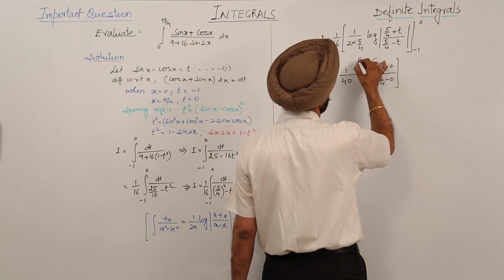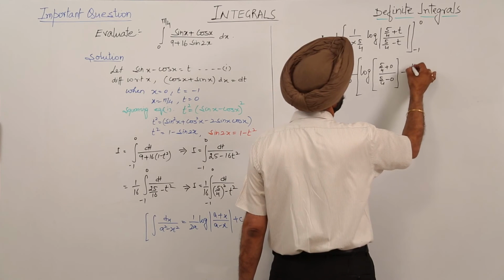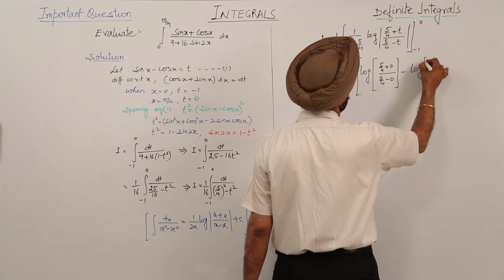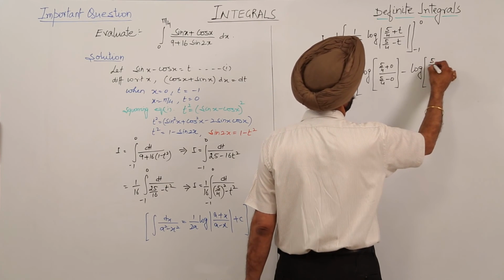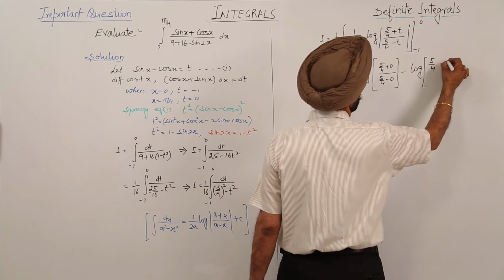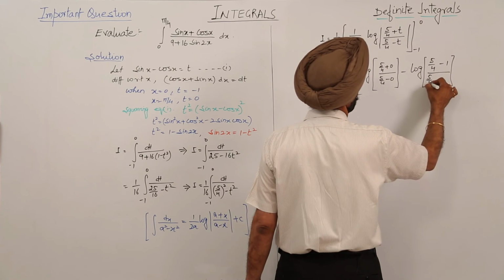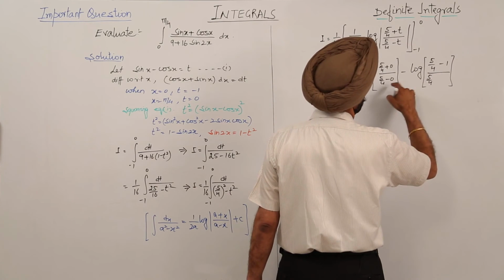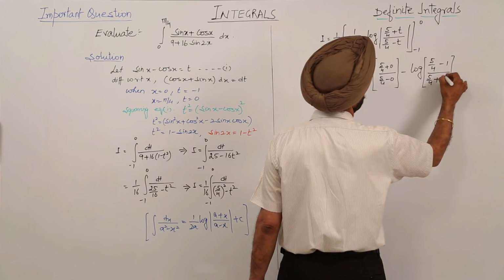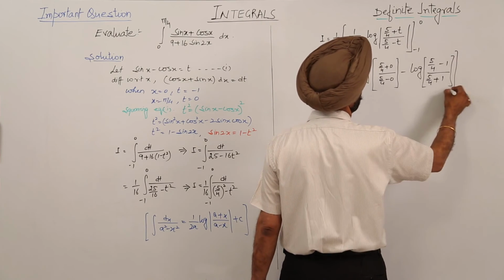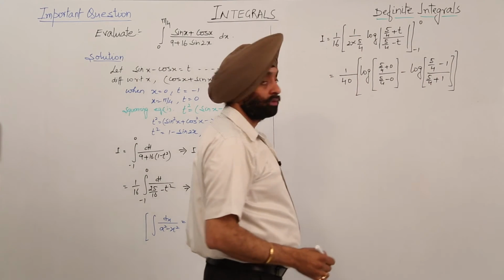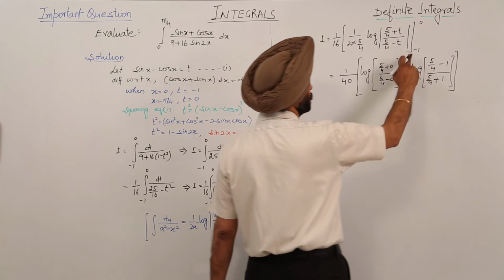One thing, minus log (5 by 4 minus 1) upon (5 by 4 minus, this becomes plus 1). Is it clear? Putting minus 1 in this part.